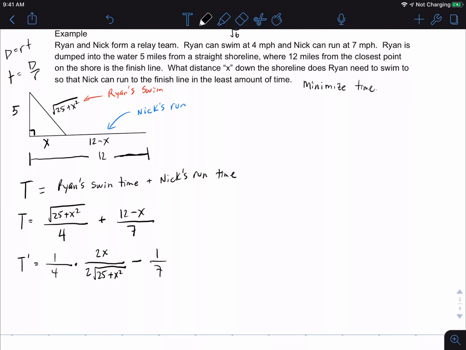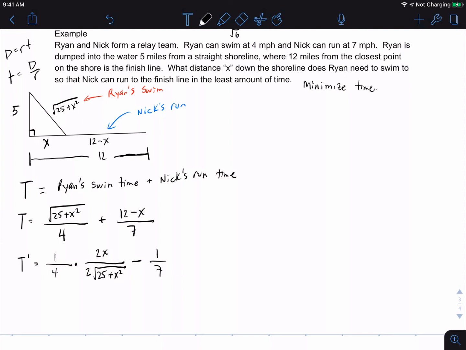Okay. Are you guys okay with that derivative, or does anyone need me to explain it further? No, you're okay? All right, does everyone see how I use the Pythagorean theorem to get the 25 plus x squared under the square root? Okay, cool. If you guys notice I make a mistake, please correct me.